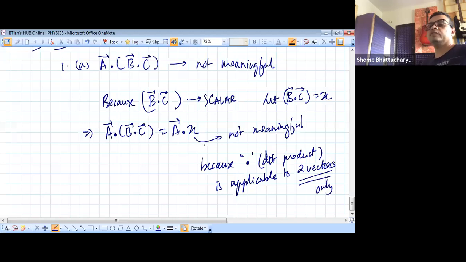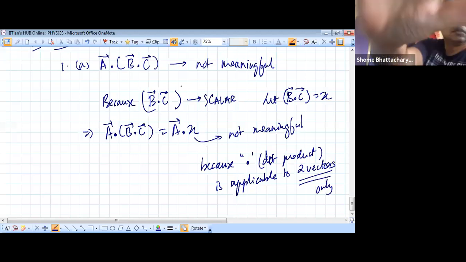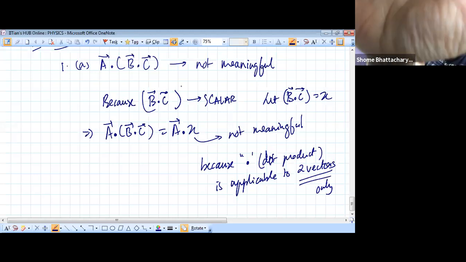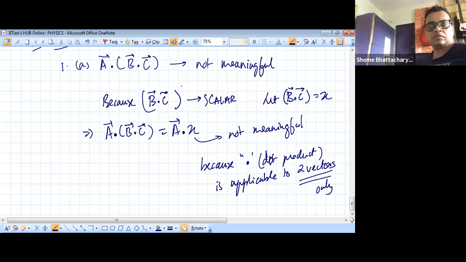It cannot be applied to a vector and a scalar. So hope this concept is clear.